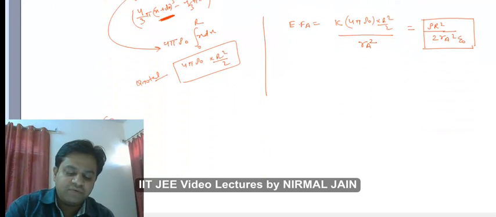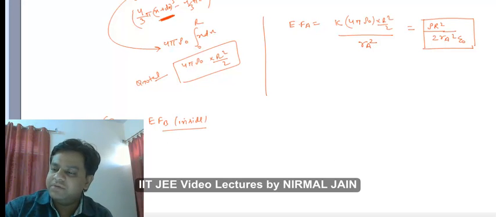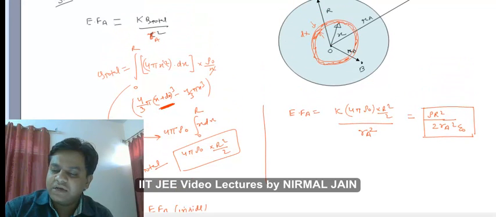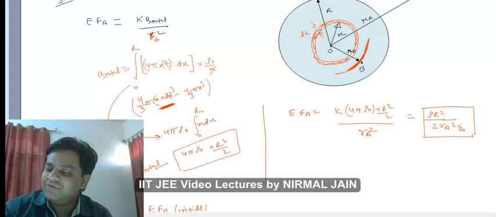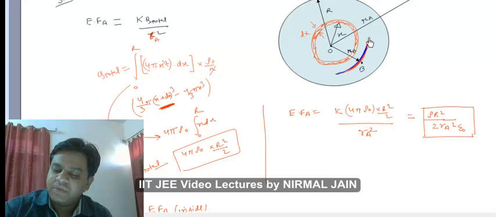Now in part B, if I want to find the electric field inside, at point B, then I will simply calculate the charge carried by the sphere only up to this region, which extends up to rb distance from the center.